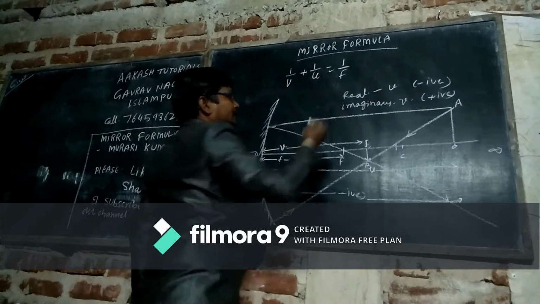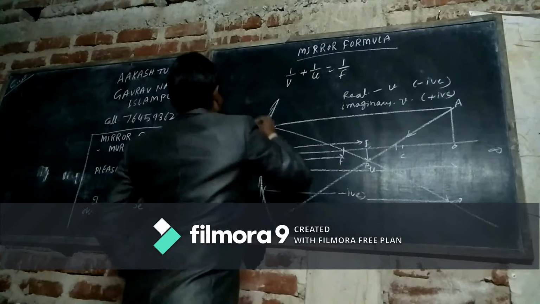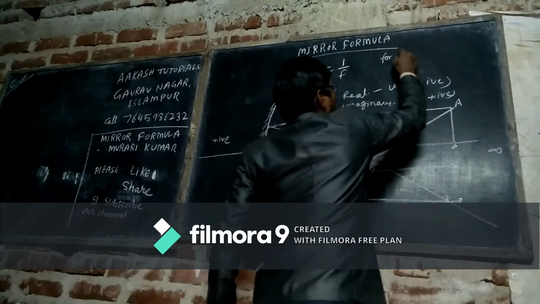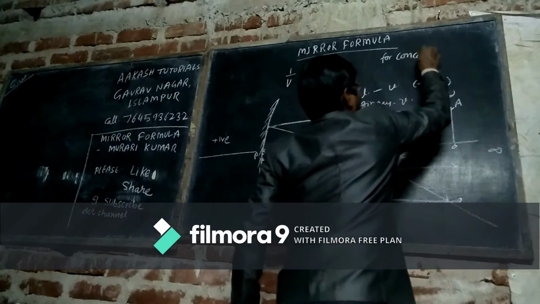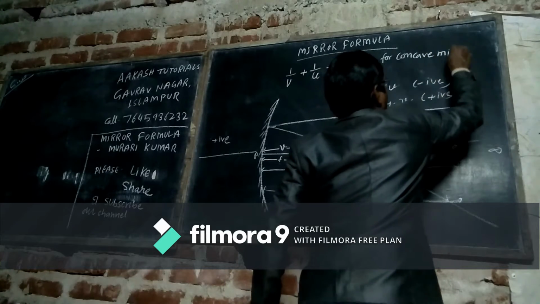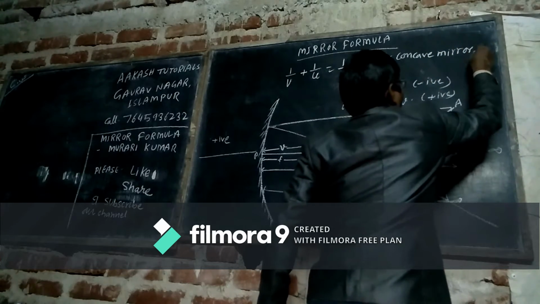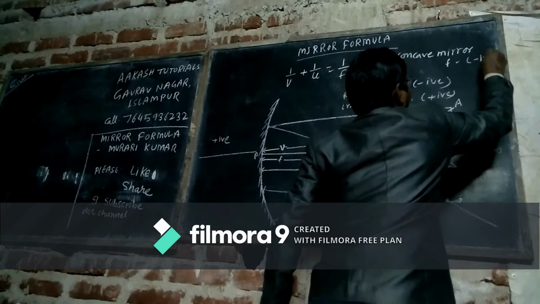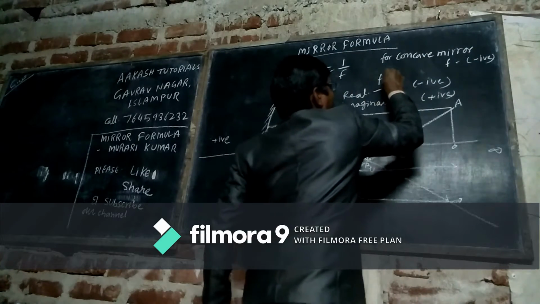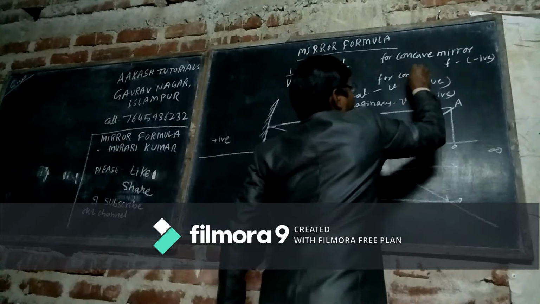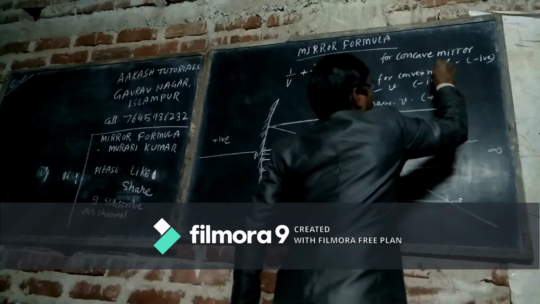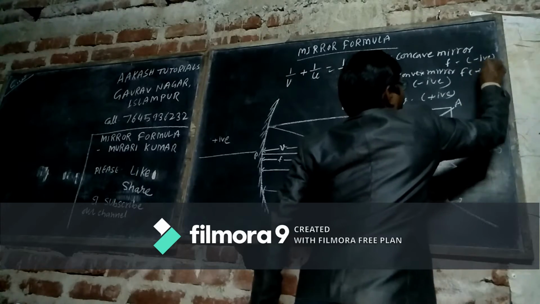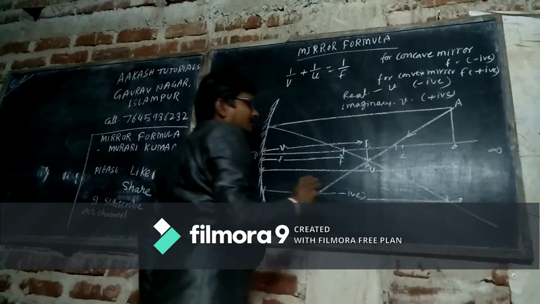For focal length, for a concave mirror, focal length F will be negative, and for a convex mirror, F will be positive.